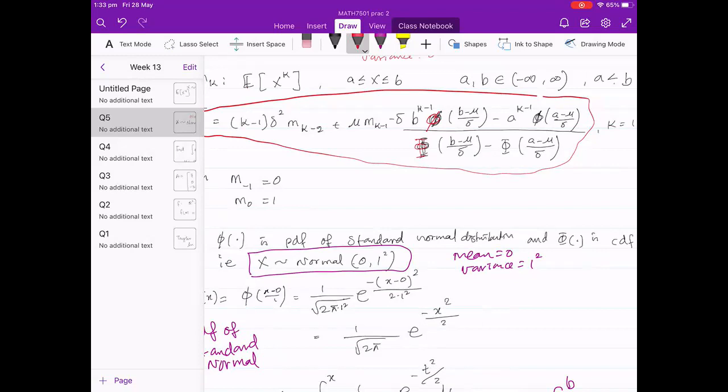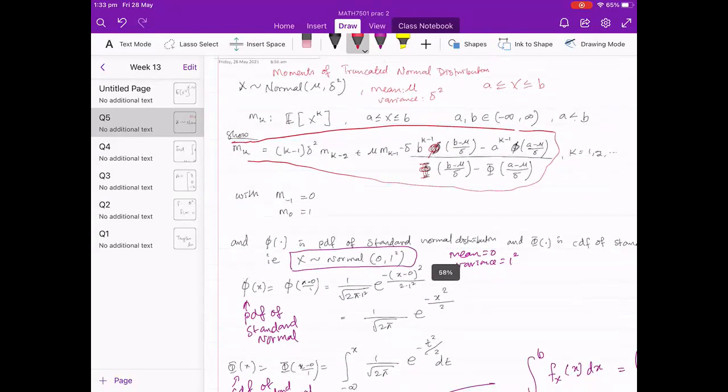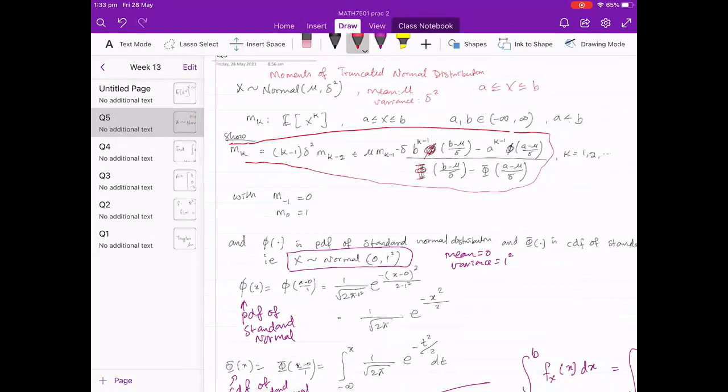How would we proceed to do this? The PDF of the standard normal is given by this part here, and the CDF is this part. What are your thoughts?